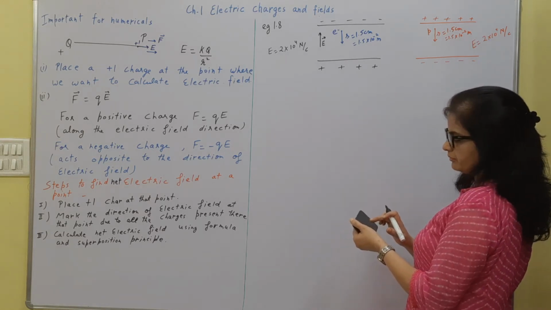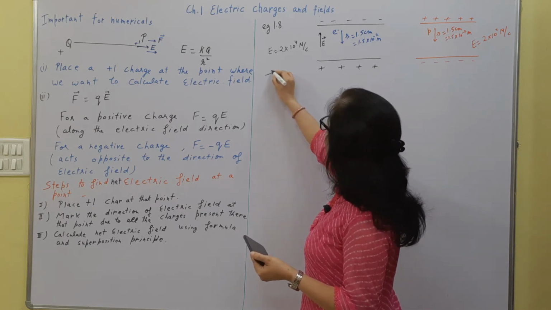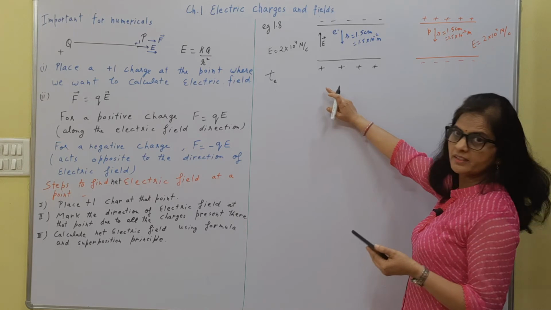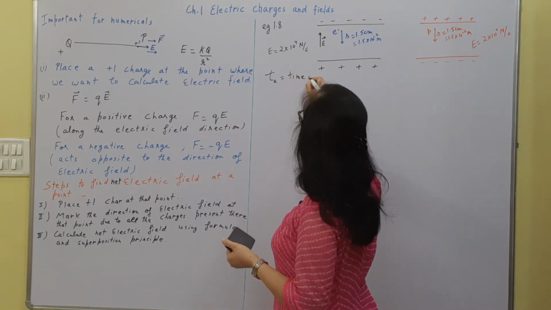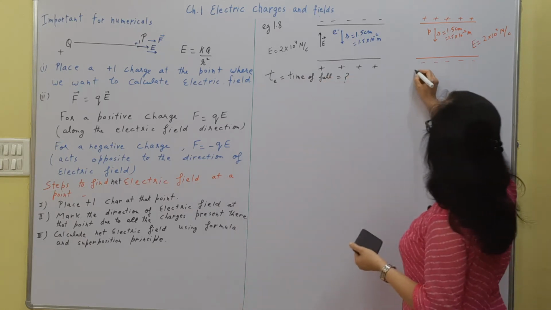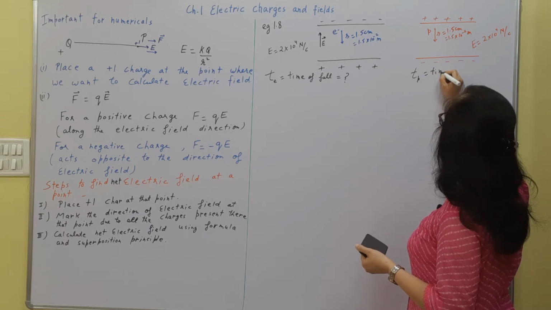You have to compute, that means calculate the time of fall in each case. That means here we have to find the time of fall of electron. And here also the time of fall of proton.